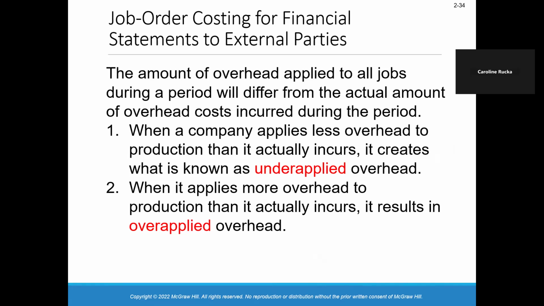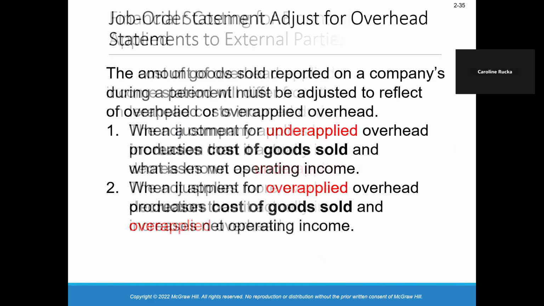So at the end of the year, we need to assess, compare it to our external financial statements and see how our estimates compare. If you apply less overhead to production than what actually occurred, then you're going to have underapplied overhead. And when you apply more overhead than what actually happened, you're going to have overapplied overhead.